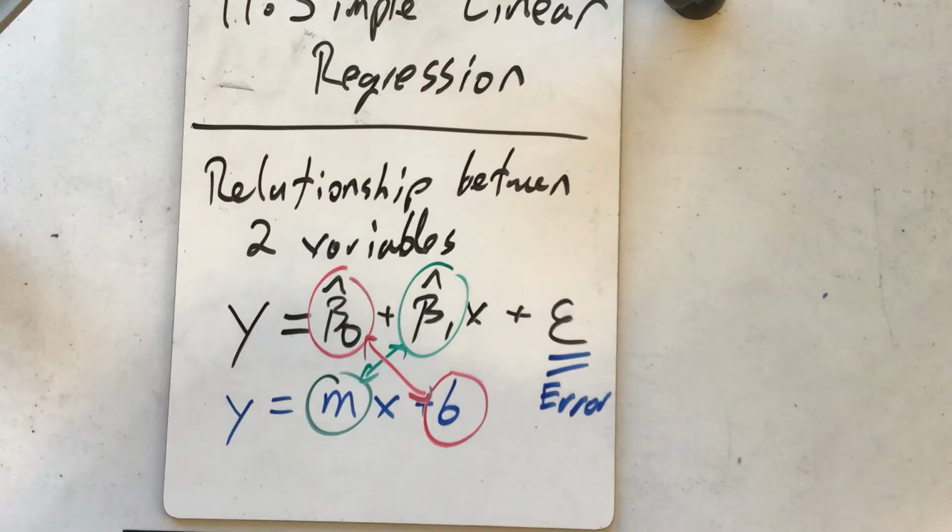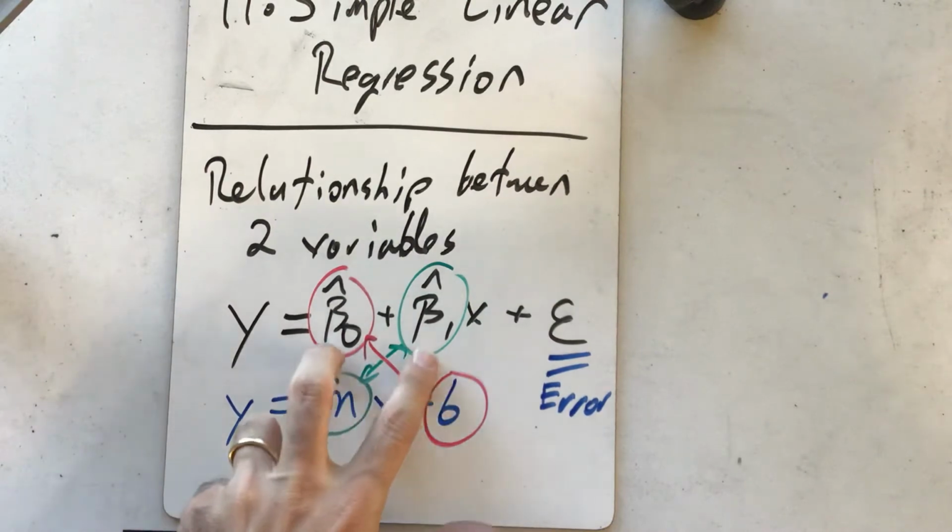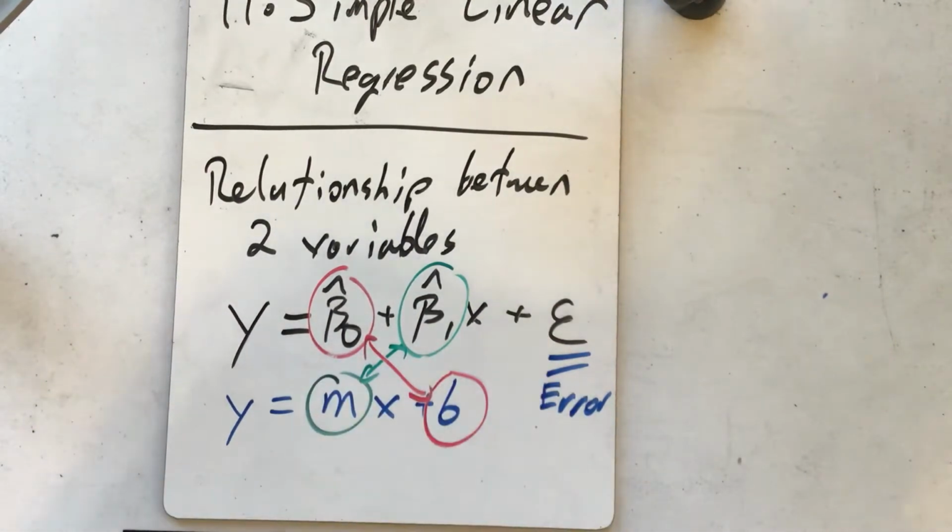By the way, we call this the deterministic part, and this would be the random error part. What we're going to do when we go through this section is talk a little bit about how to think about these things, and then I'm going to go to another video where I tell you how to calculate these using your computer.